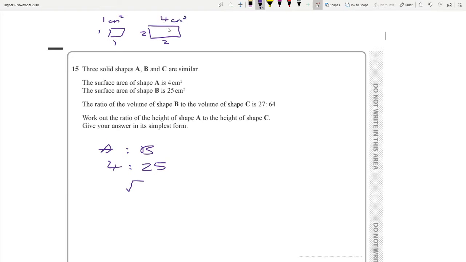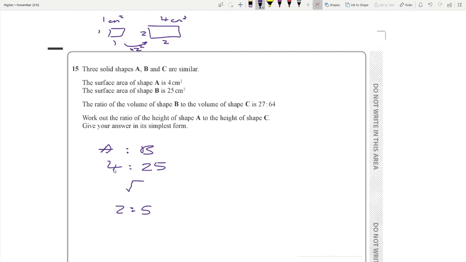How many times bigger has the area gotten? Although each length has only gone 2 times bigger, the area has gotten 2 squared times bigger. Just remember that: whenever you want to work out a similar shape's area, always square the scale factor. And with volume, you have to cube the scale factor. So if we're doing the inverse, square root it. Therefore the ratio of one length is going to be 2 to 5.